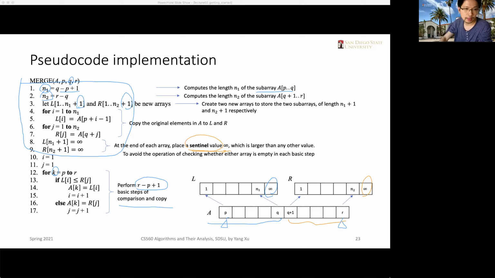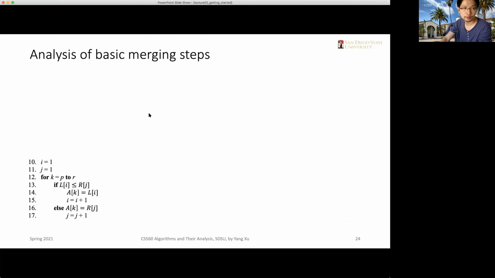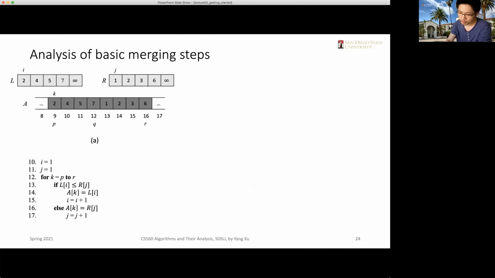Okay. Now let's look further into this comparison and copy code, from line 10 to line 17 here. If we use an example, it'll be much easier to show how this code works. Within each step of the for loop, there's an if-else branch, right? It's just two conditions. If we look at the condition of the if, it's Li is less than or equal to Rj.